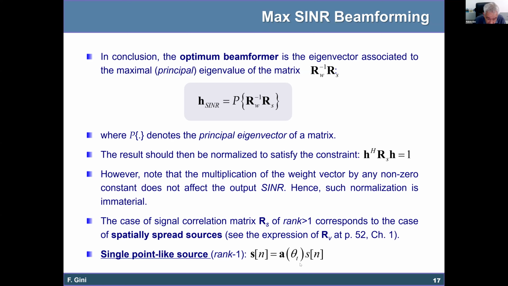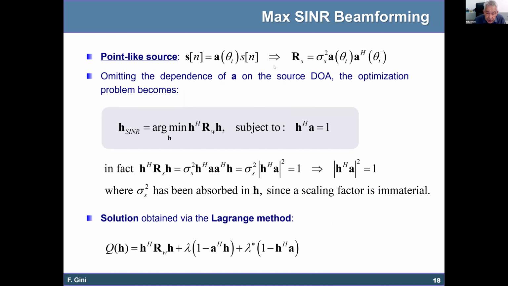It is the array response calculated at the direction of arrival of the signal, theta t, that multiplies the signal generated by the source. What is RS in this case? We calculate it, it's the usual rank 1 matrix.